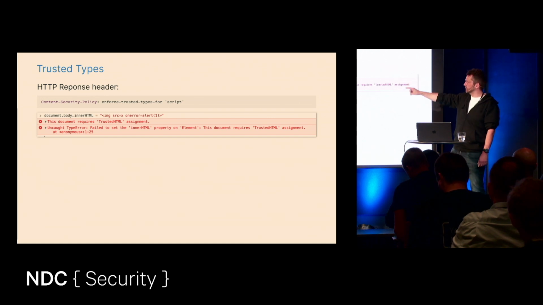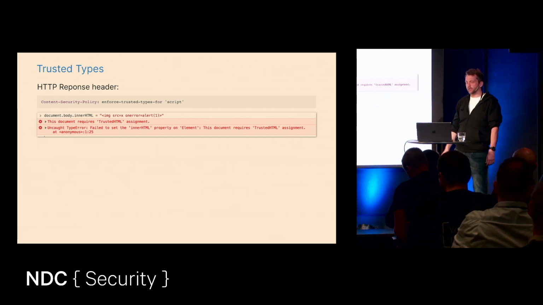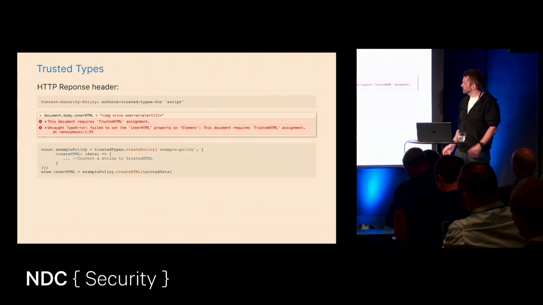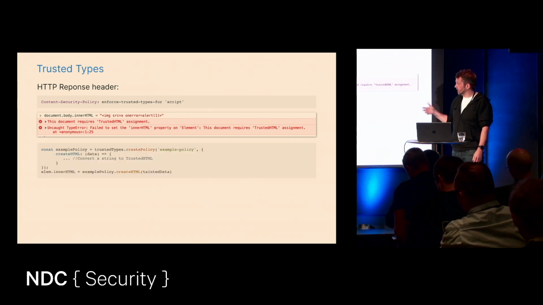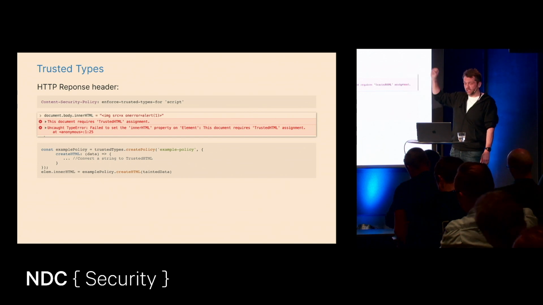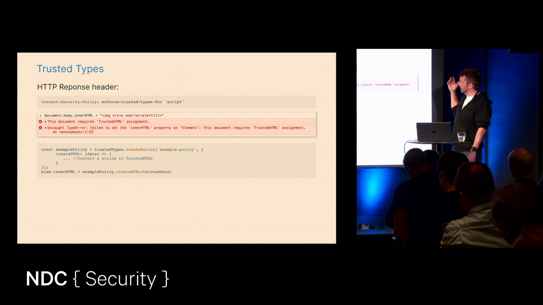So you have to create a TrustedHTML first. Aha. How do I create a TrustedHTML? Well, you create it by creating a policy. You use Trusted Types to create a policy. And there you have a createHTML method that takes the string data and then converts it somehow. And then we can use that policy afterwards to assign to innerHTML.